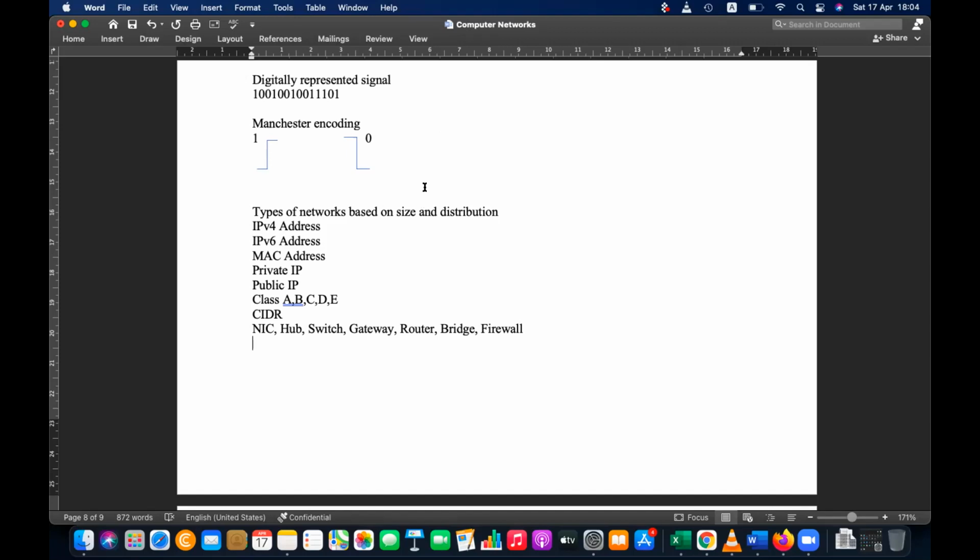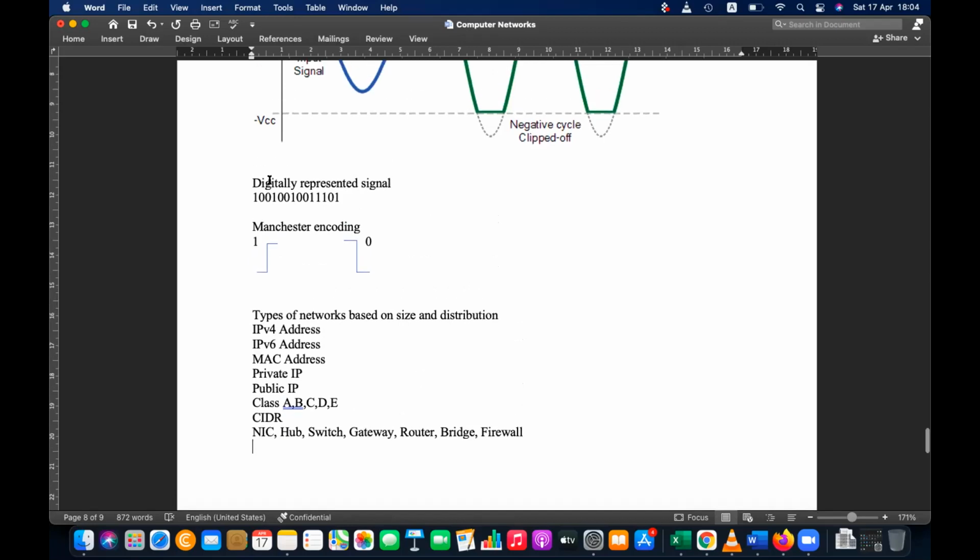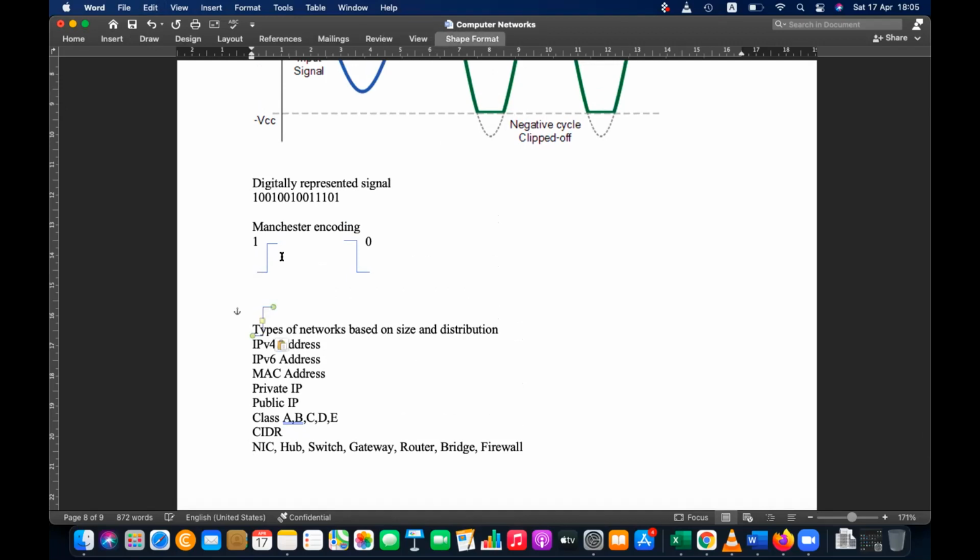So have you completed Manchester encoding, and how the high and low signals are represented? You know how to represent the entire signal there. The high part can be represented as 1, then you have the low part, and again a low part.